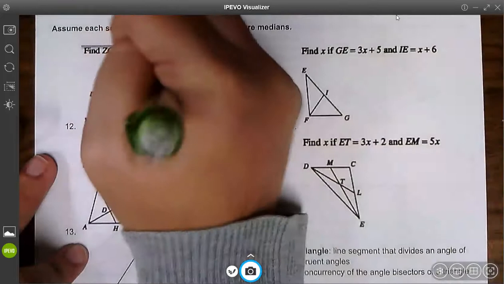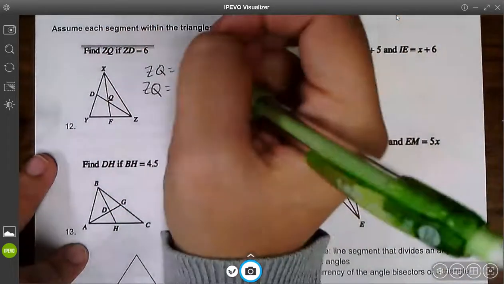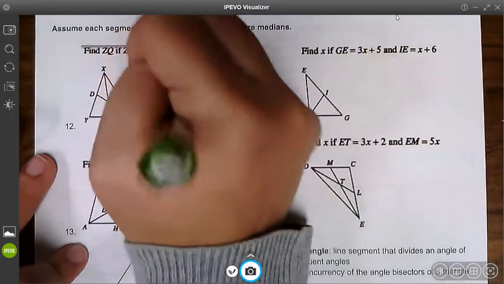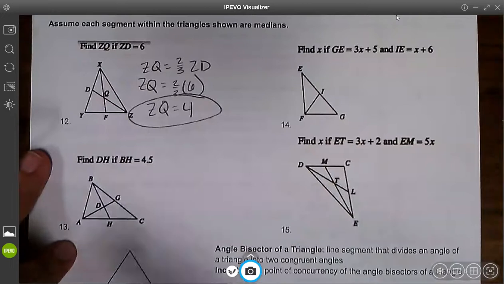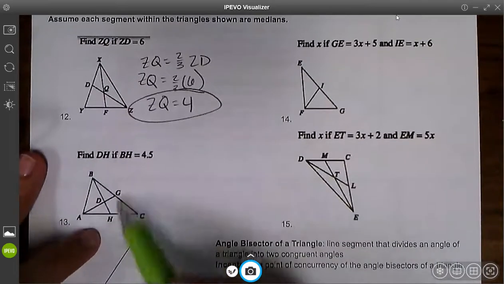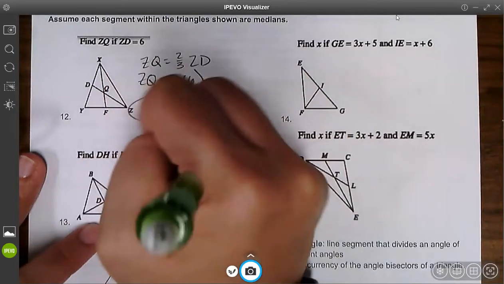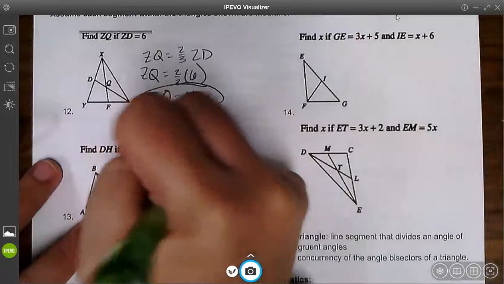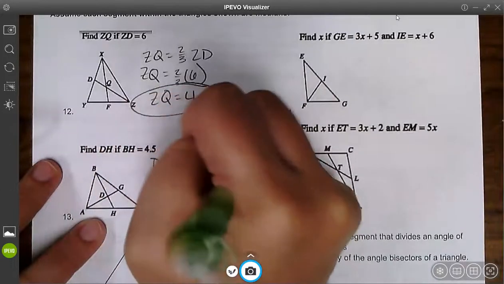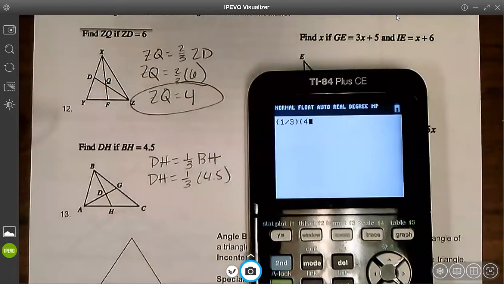So we're saying ZQ is 2/3 of 6, which when you plug into your calculator, you get 4. 13, DH, if BH is 4.5, DH is a smaller portion, so it's 1/3 of the whole thing, which is BH. DH is going to be 1/3 of 4.5. Plug that into your calculator, and you get 1.5.